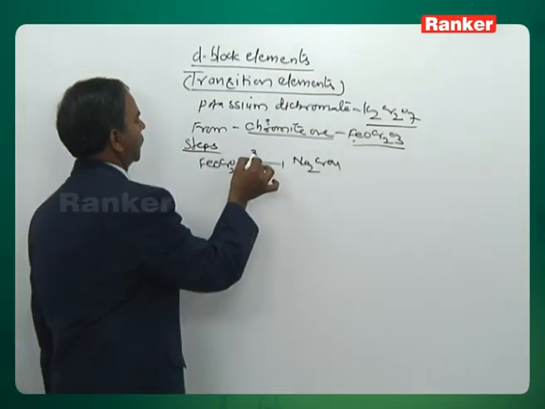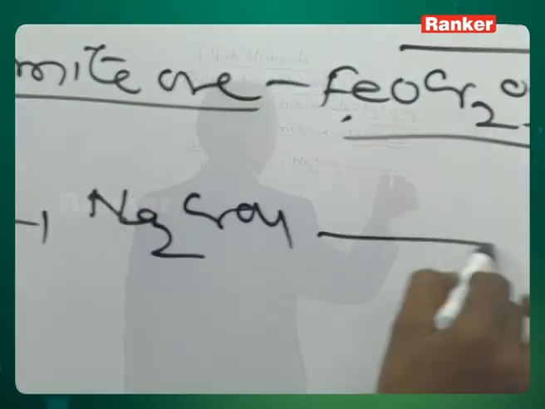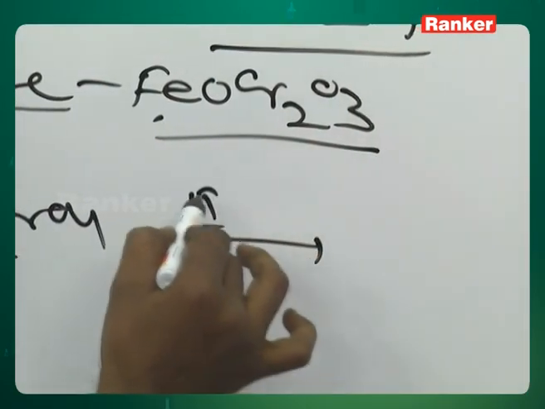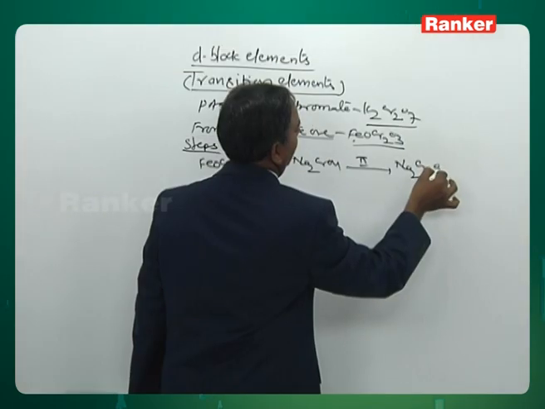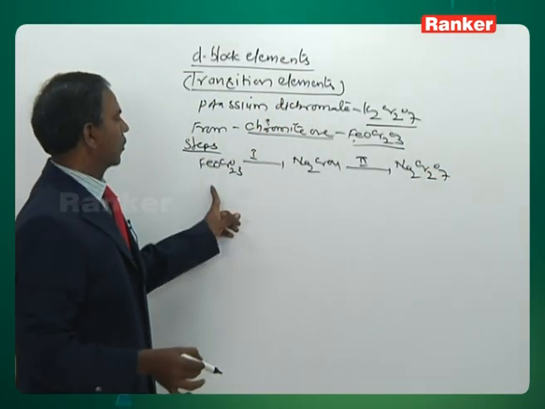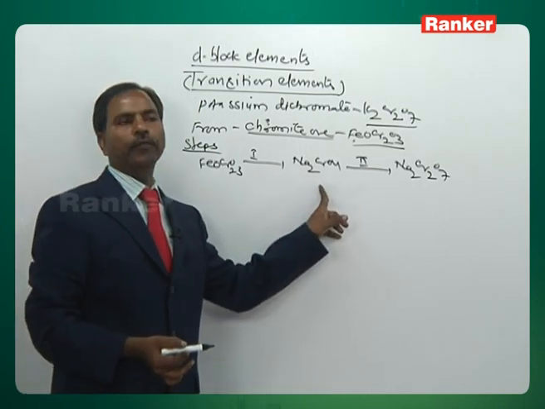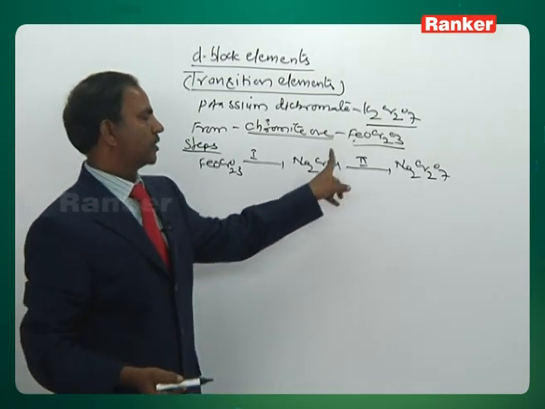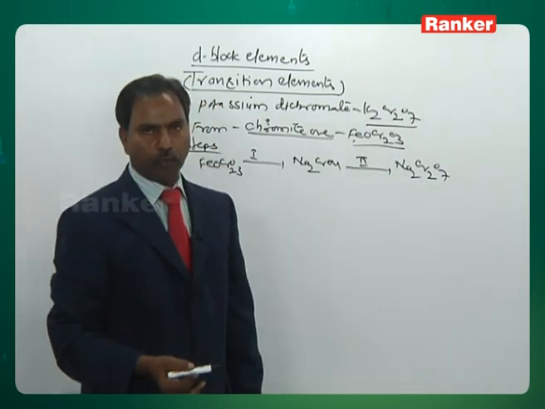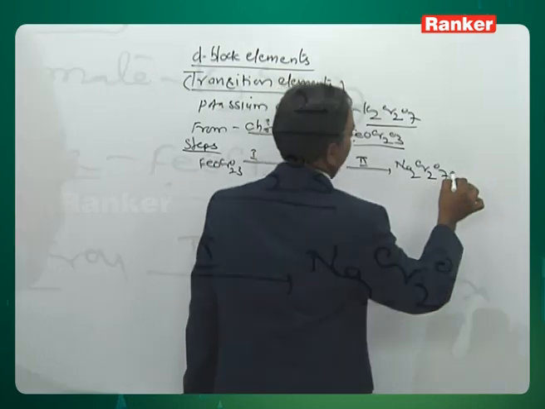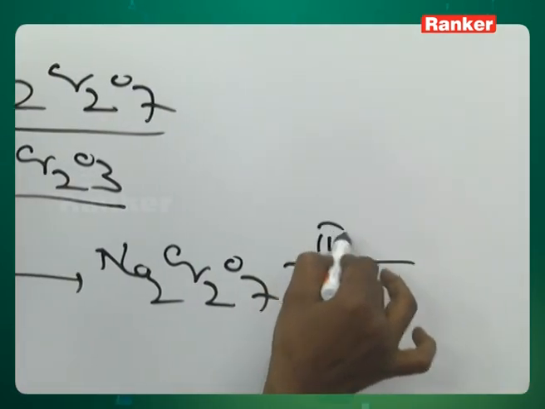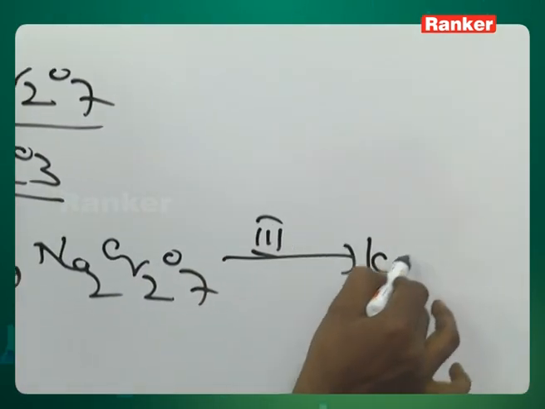In the second step, this is converted into sodium dichromate, Na2Cr2O7, and sodium dichromate is converted in the third step into potassium dichromate.